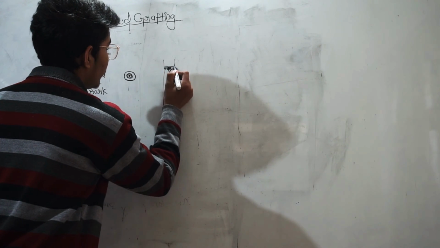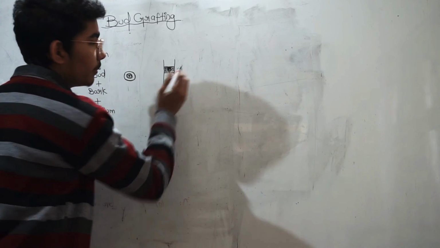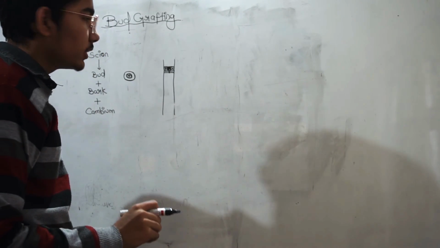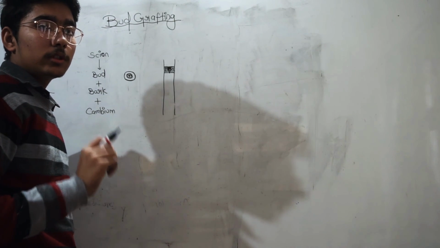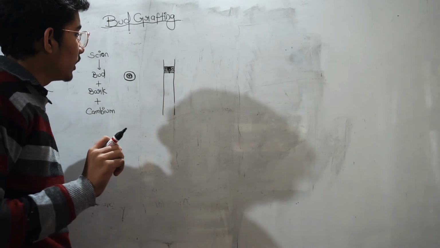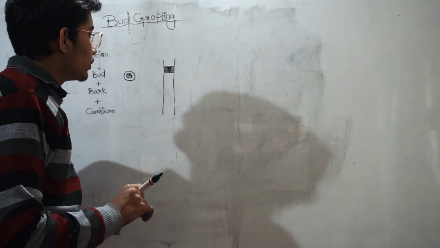So we will tape it with the grafting tape. Yes, we will tape it. We will press it after the taping so that it will get those supplies of food and water, so that it can sprout and form a shoot system.